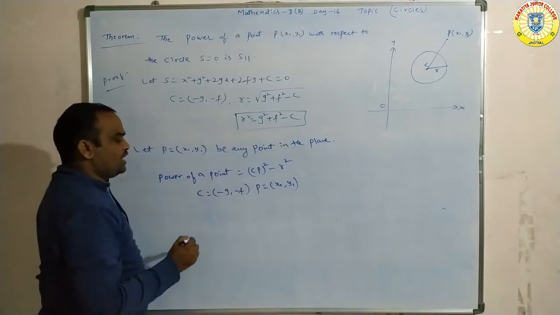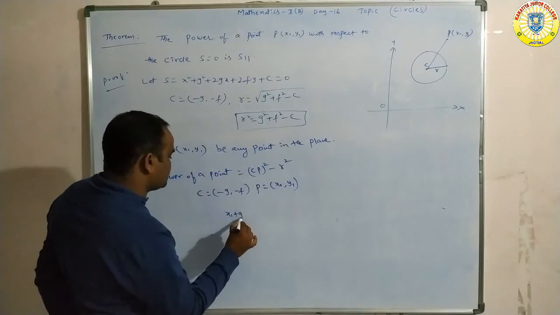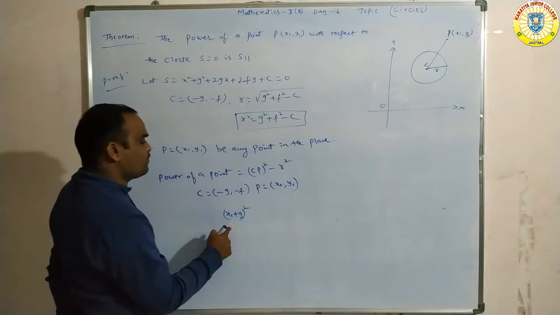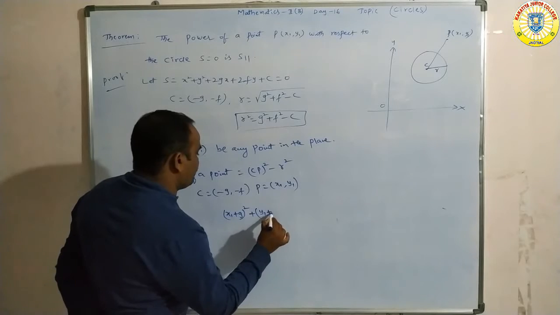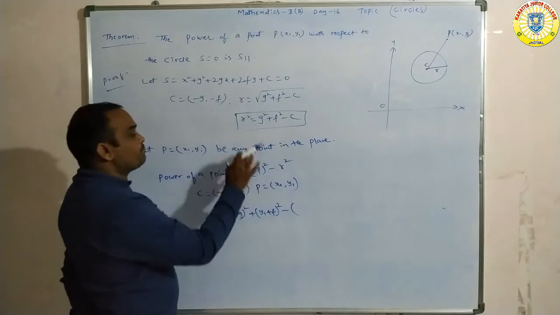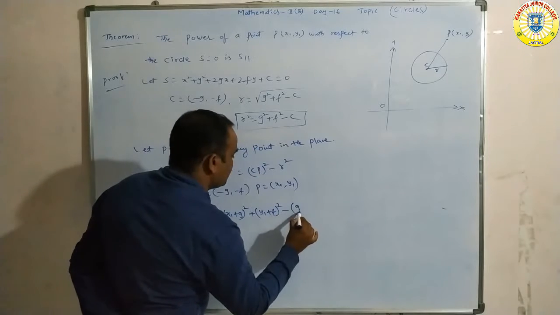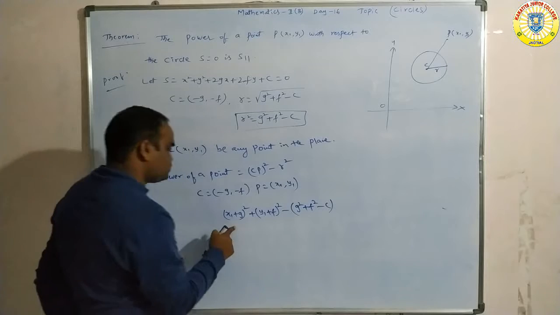Cp is the square root of x1 plus g whole square plus y1 plus f whole square, minus r square, where r square is g square plus f square minus c.